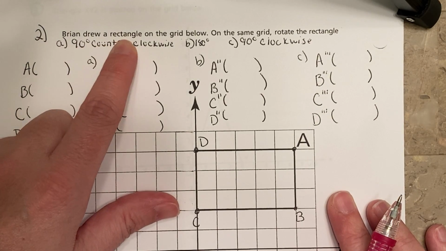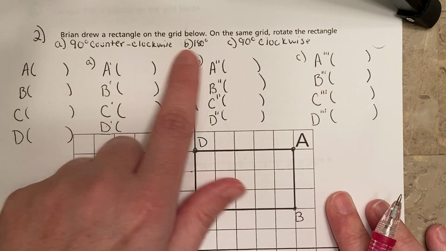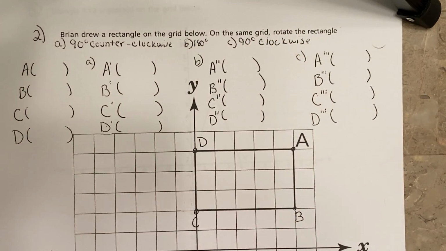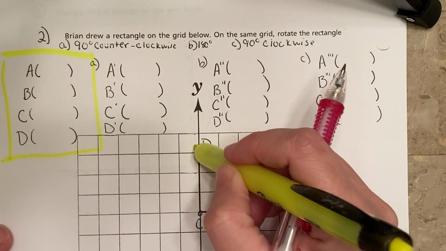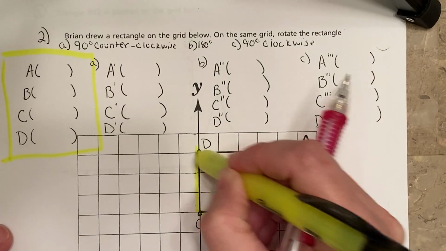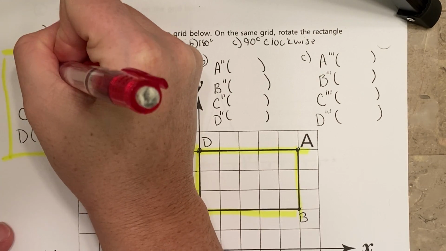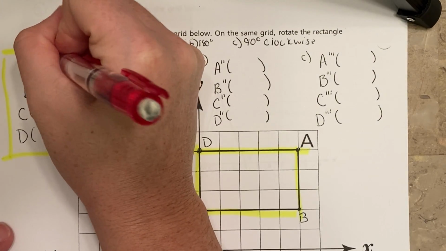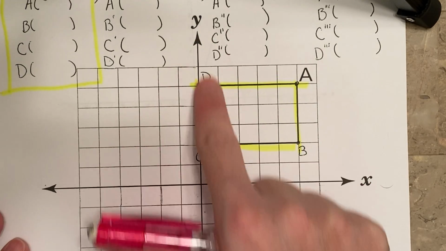So Brian drew a rectangle on the grid below. On the same grid, rotate the rectangle. So what we want to start with is the original. Okay, we want to get the original coordinates. Now, if you notice, this does not have any numbers at all labeled.